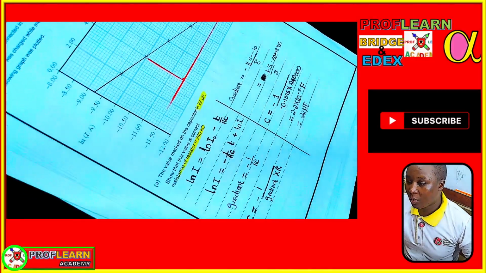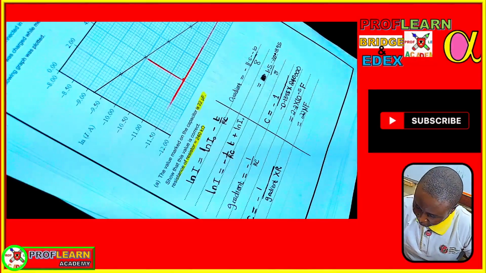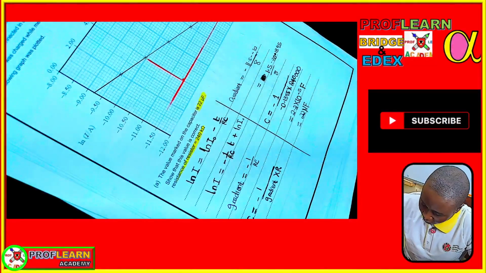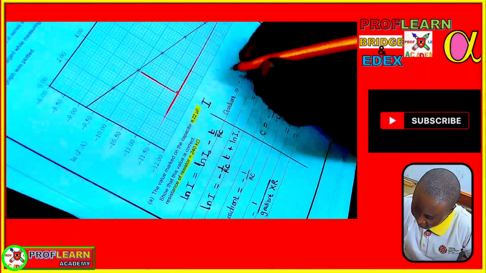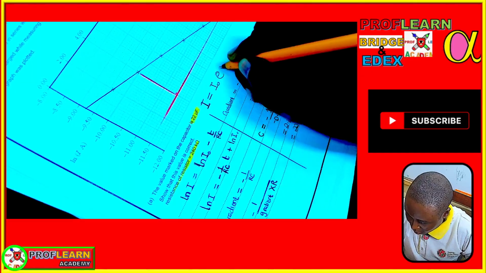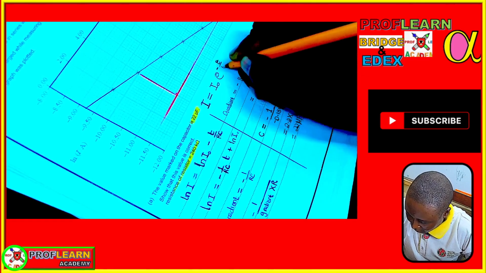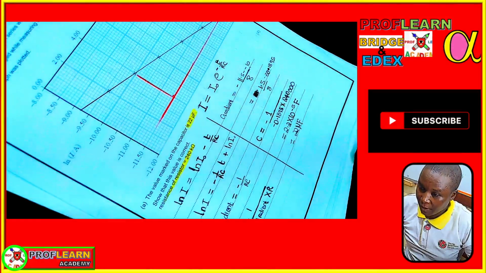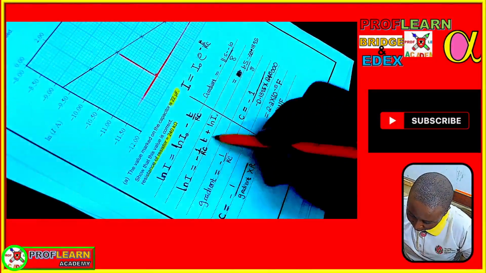what I did here is just use the formula. I use this formula here: I, the current that is remaining when it's discharging, is equal to I naught e to the power of negative t over RC. If you introduce logarithm here, you are going to have this.